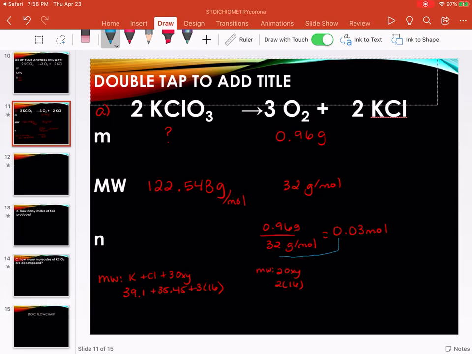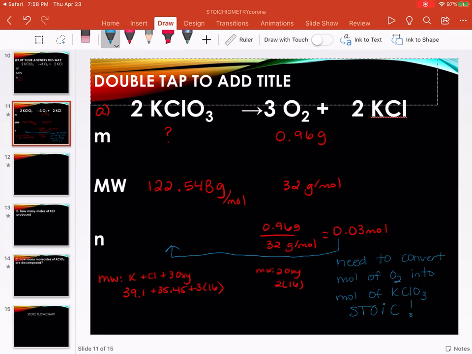Okay, so we need to convert. I'm going to write a little note. So we're going to take this and change it into the moles of KClO3. And what is the procedure to do that when you're converting moles?